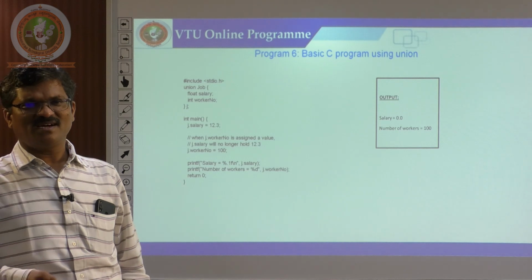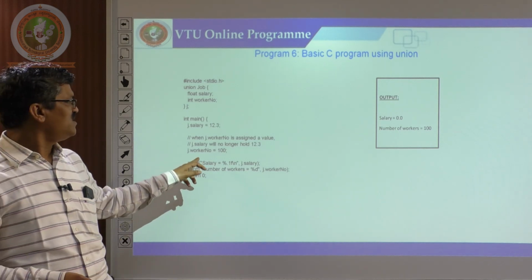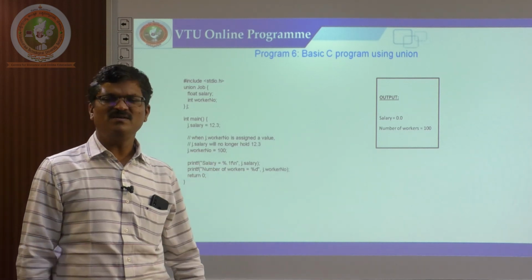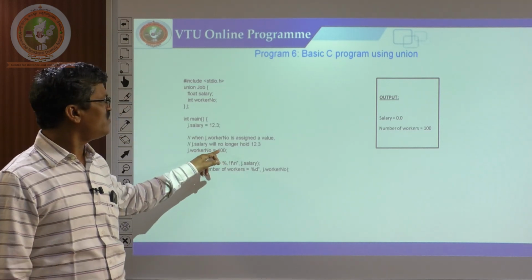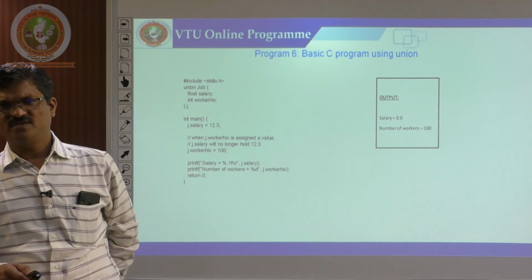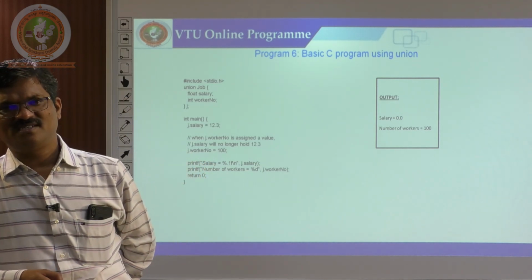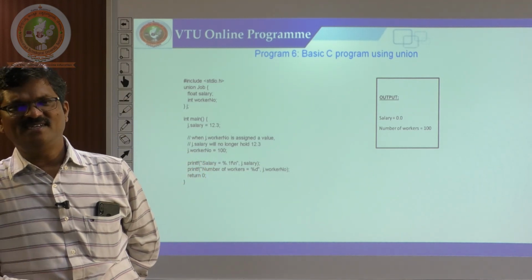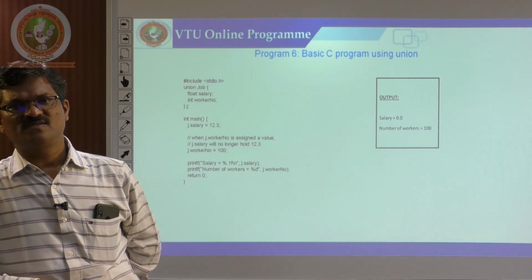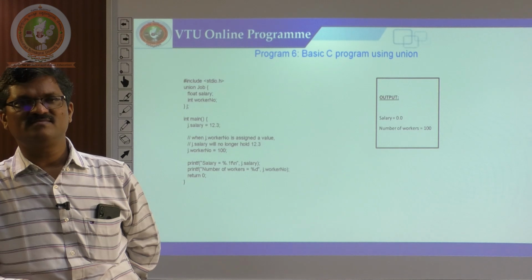Currently the worker number has the value, and since we have assigned 100, this is the actual value which can be accessed, but the value related to the salary will not be printed actually over here.